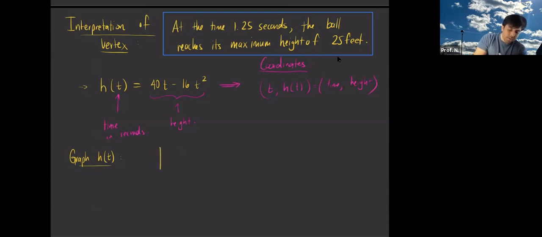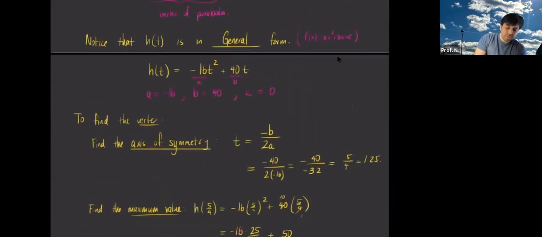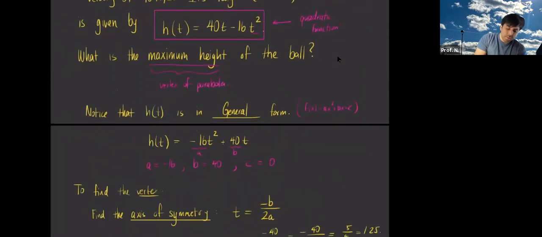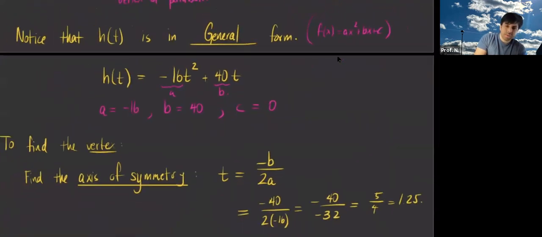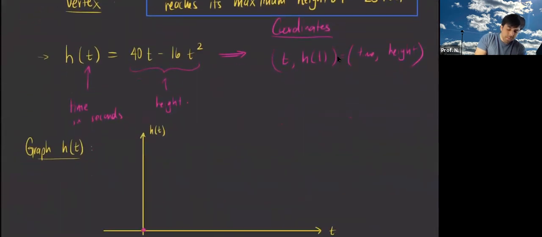For example, I can figure out the y-intercept. So again, this is the t value. What's the y-intercept? Well, the y-intercept is 0, because my c value is 0.